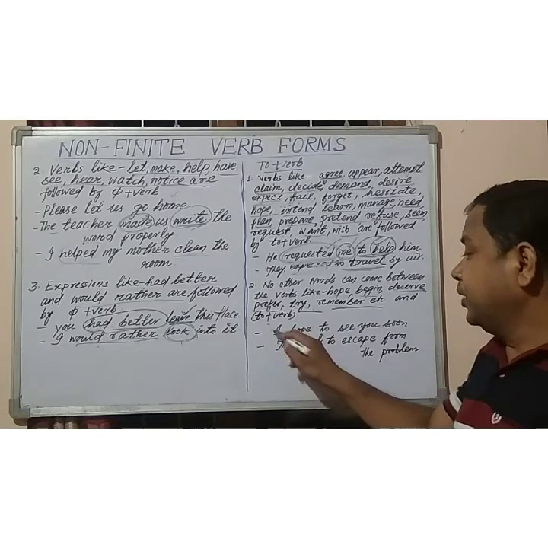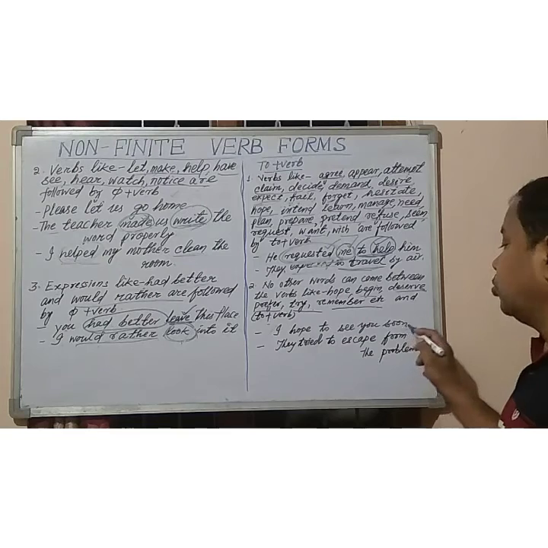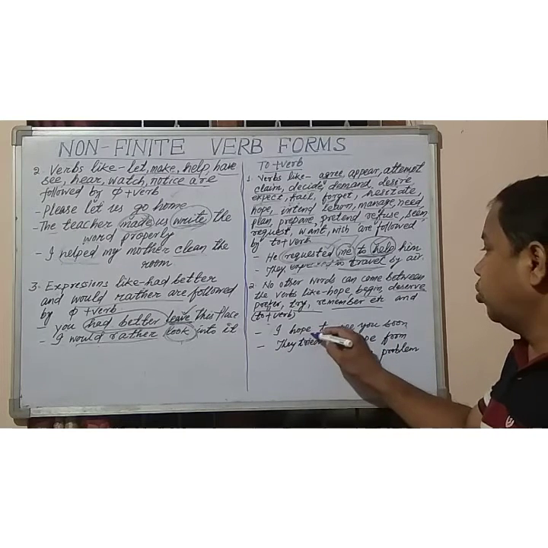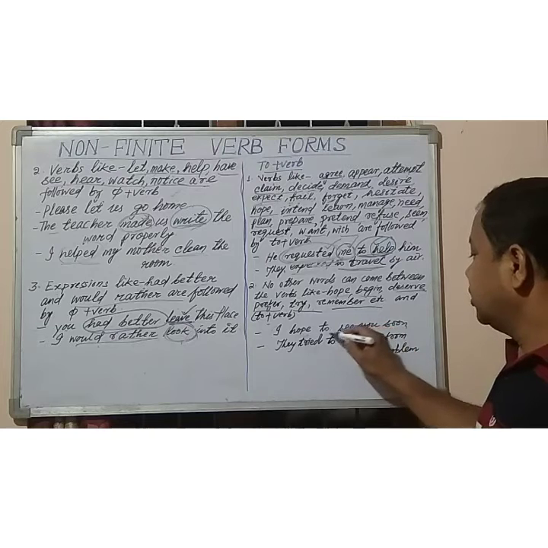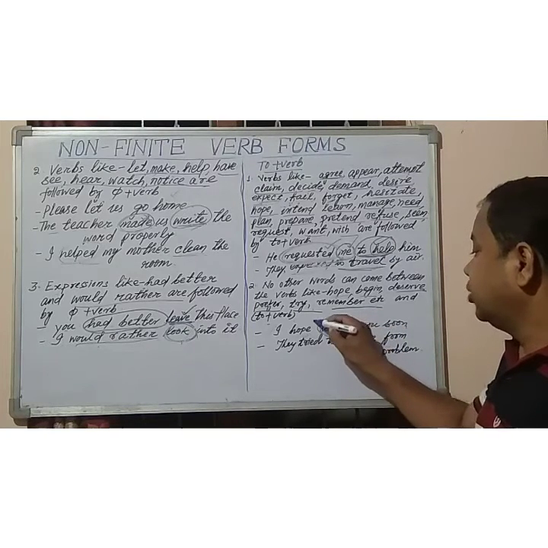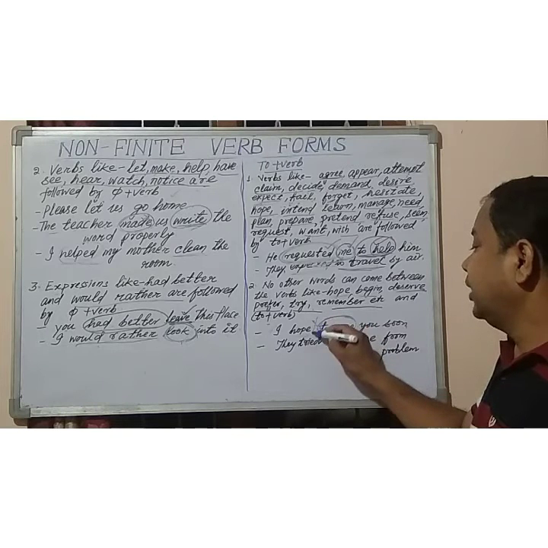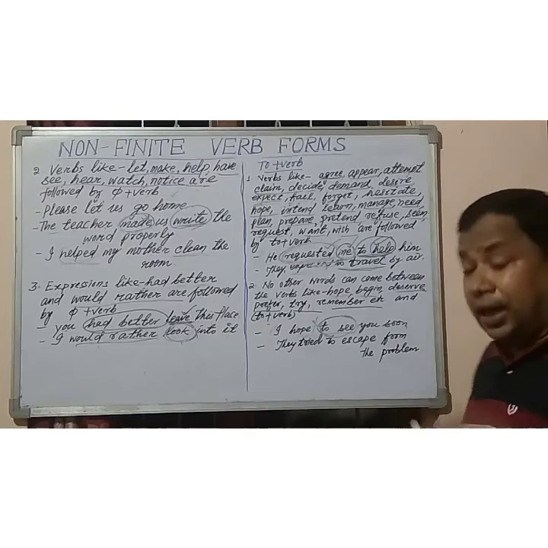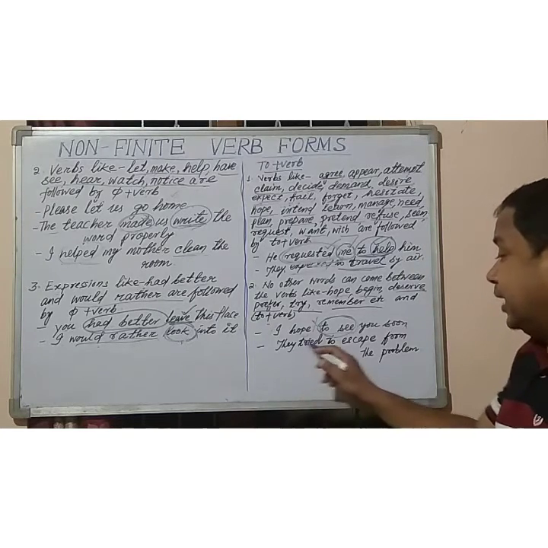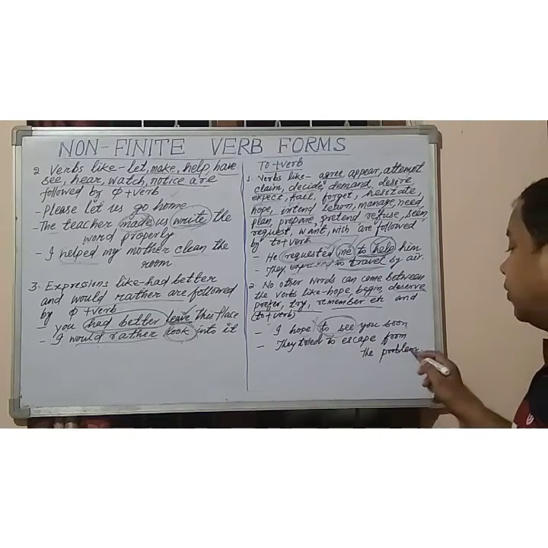For example, I hope to see you soon. Here you see, this is hope. So as it is hope, and this is to plus verb. There is nothing between them. There will be no word between these. Another example you see here, they tried to escape from the problem.